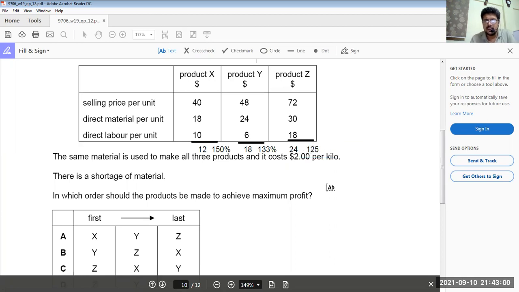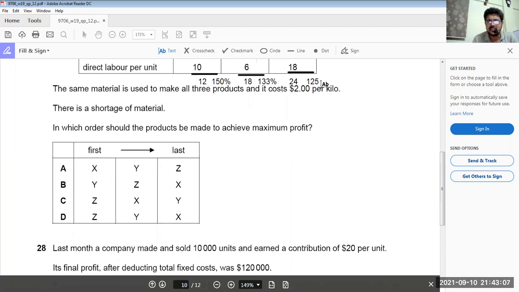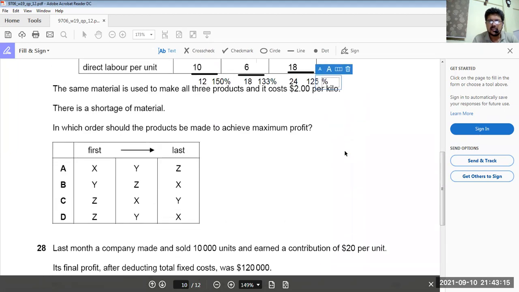So now compare. Which has the lowest percentage? Z, then Y, then X. So option D should be the answer.